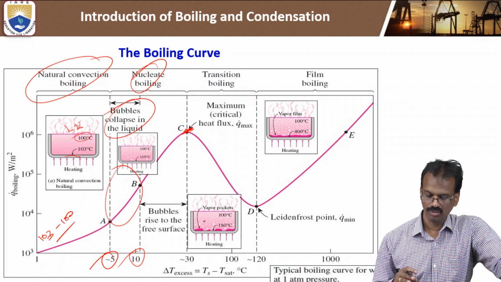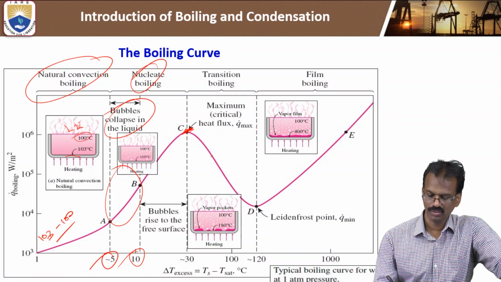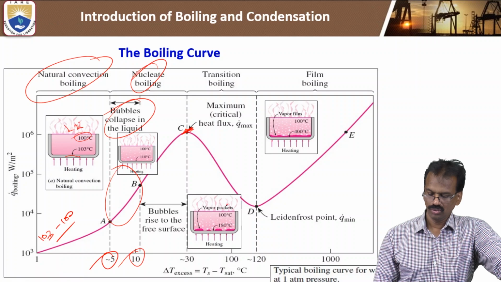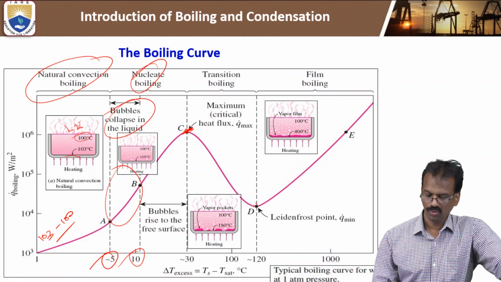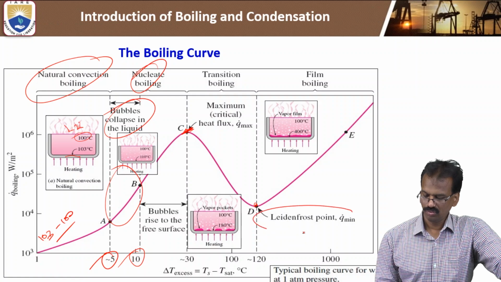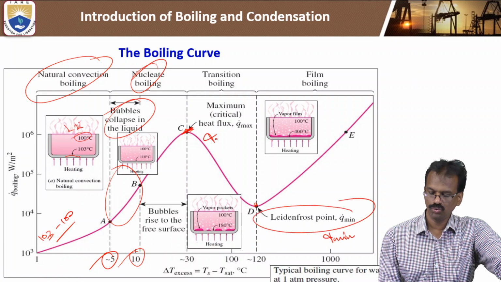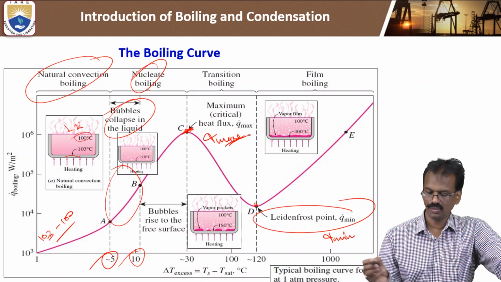Due to this lower rate of heat transfer, the heat flux rate will automatically decrease. It will decrease up to point D. The first point is Q minimum, and this is the heat flux Q maximum. These two points are very important.